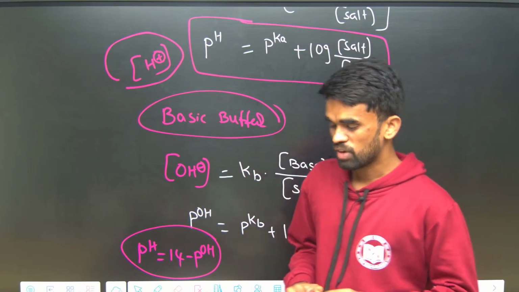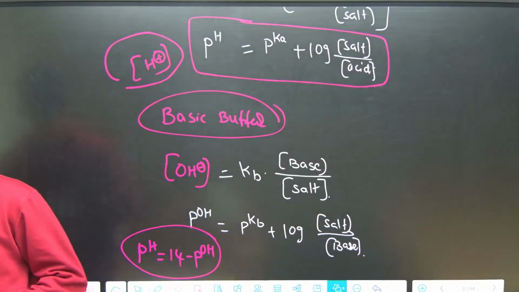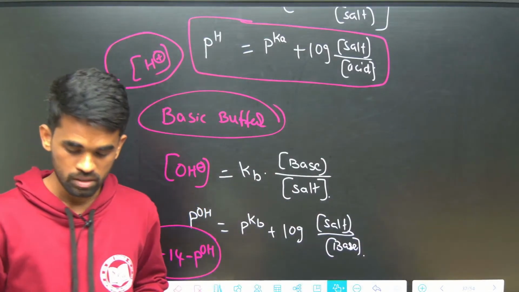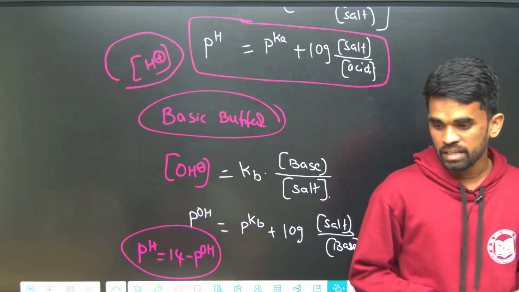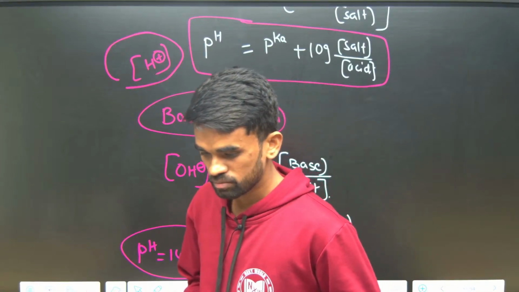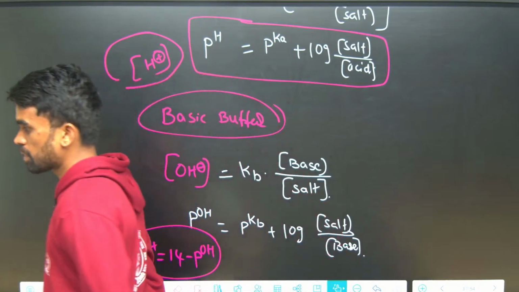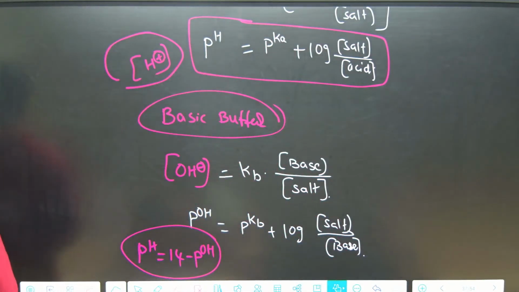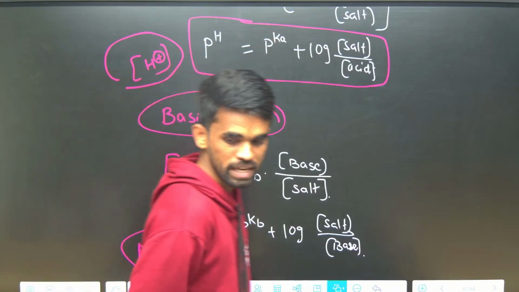Simple question. 1 mole of NaOH. Given Ka equals 10 power minus 5. So like this they will give the question by giving Ka value or pKa values.